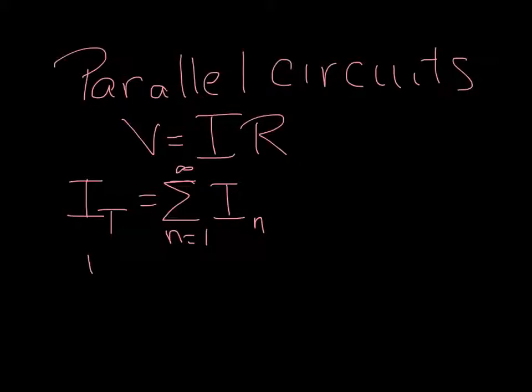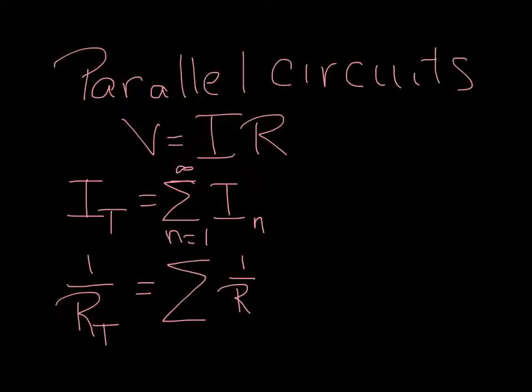And 1 over resistance total is equal to the sum of 1 over each resistor for each branch. Okay? And that is parallel circuits.